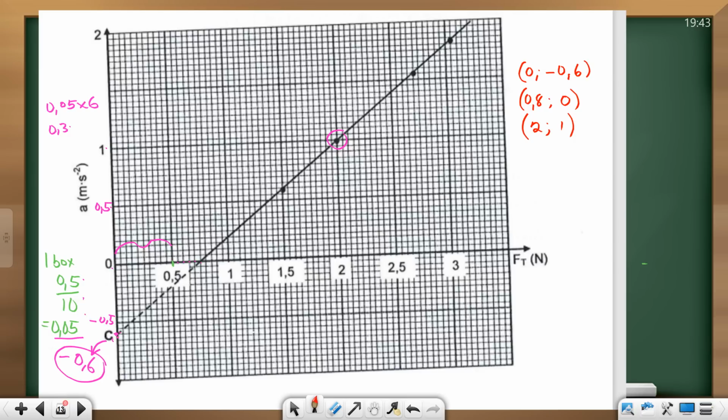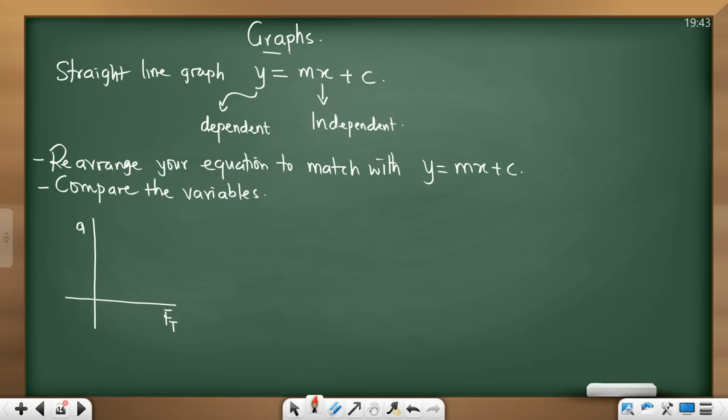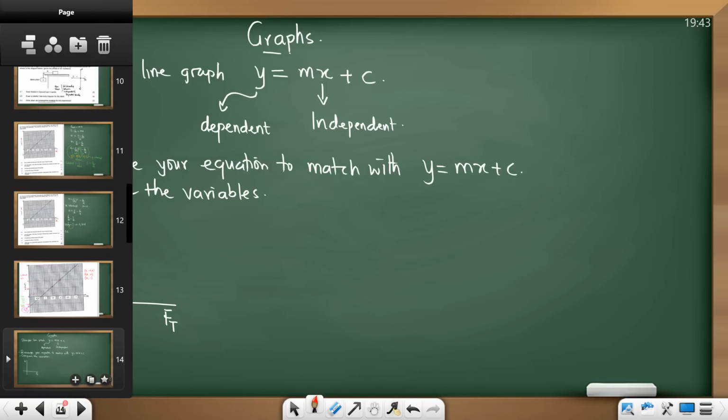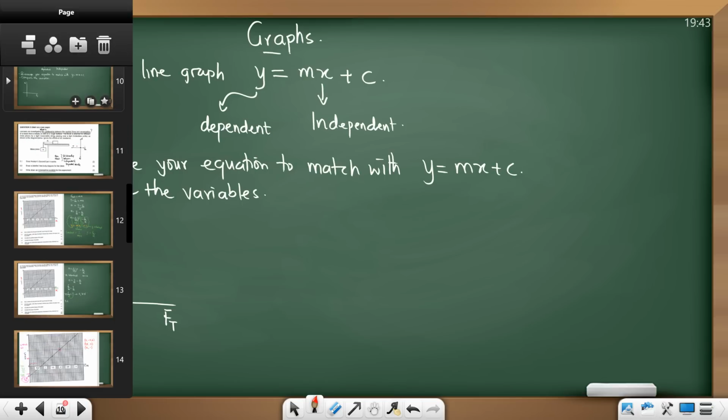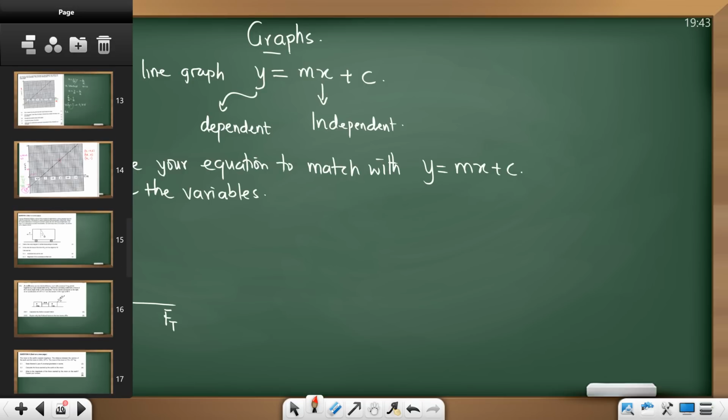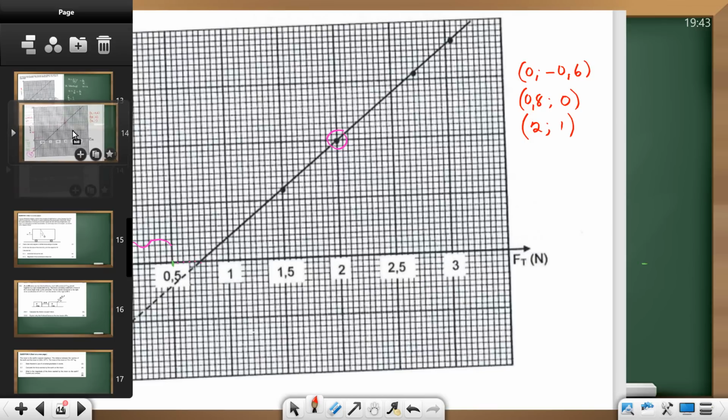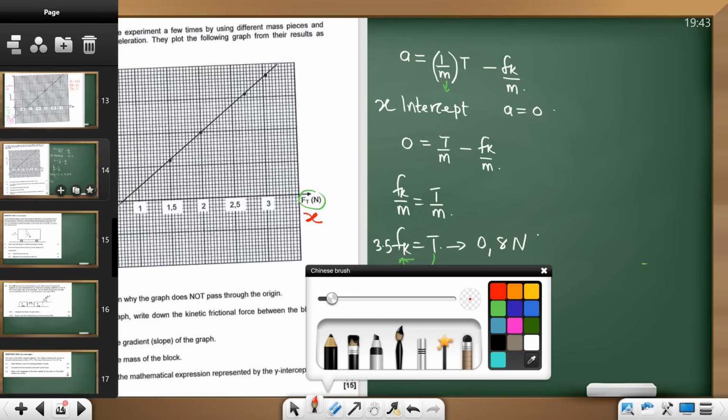y2 minus y1 over what? x2 minus x1. Okay, let's work it out together quickly. Do you remember those values? I need those values. We're looking for the gradient. My arrangement here is messed up. Okay, let us then look for the gradient.